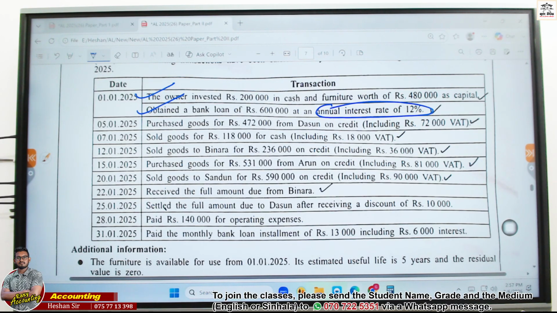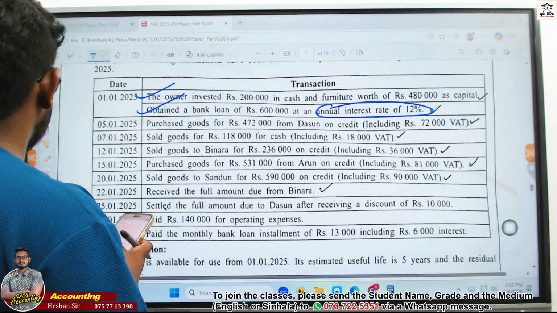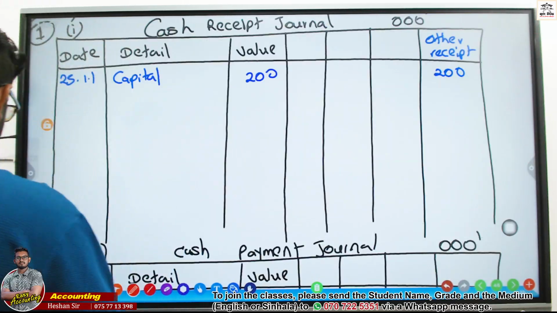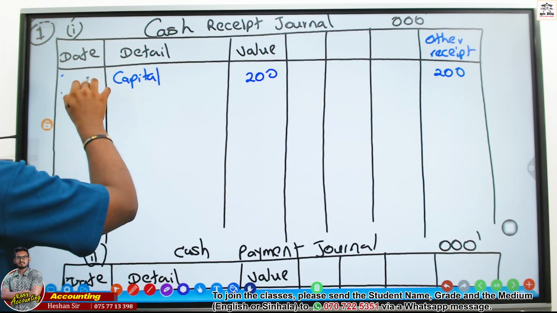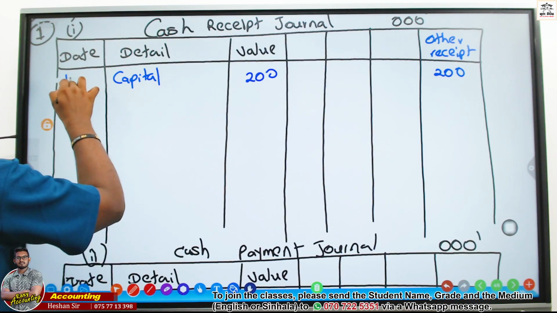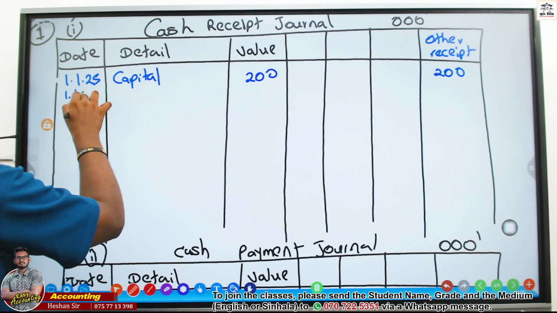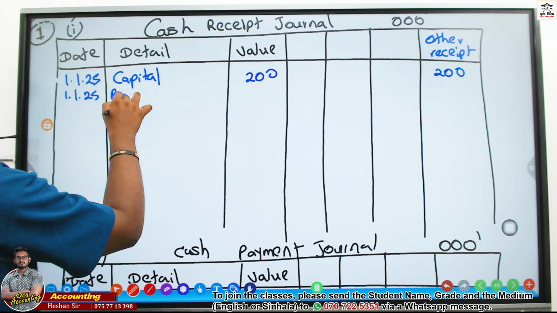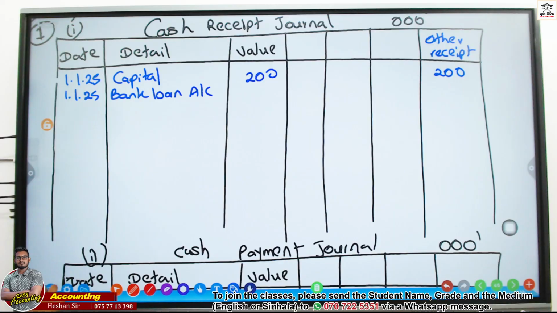Right? Bank loan obtained 600,000. So you can record 1st of January 2025, bank loan, how much?